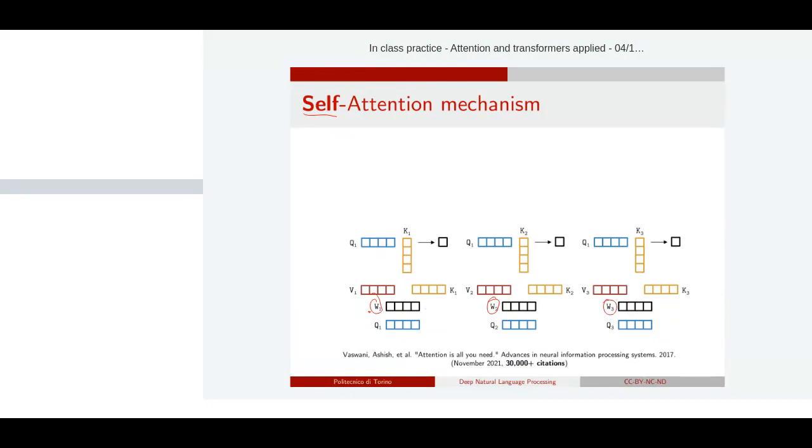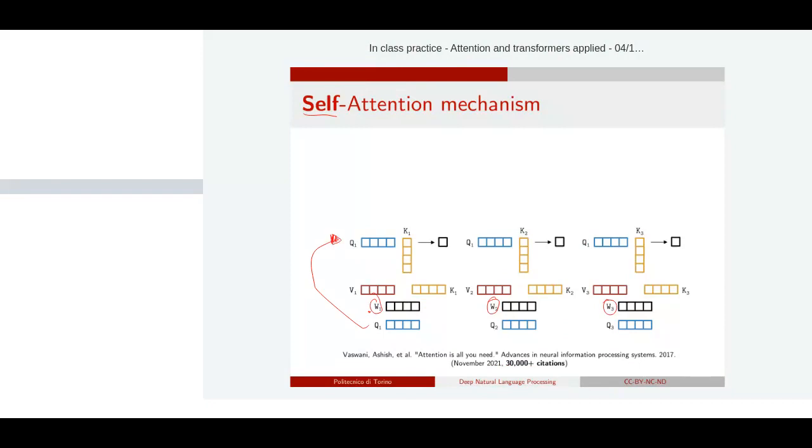Because we compute an attention score for the word itself, it's called self-attention. So the first step of the self-attention mechanism is to use the query vector for a given word, like here.